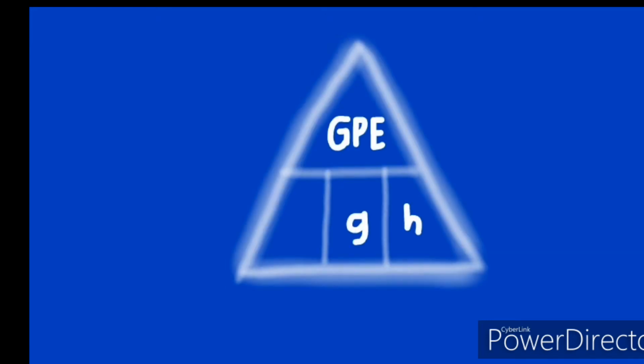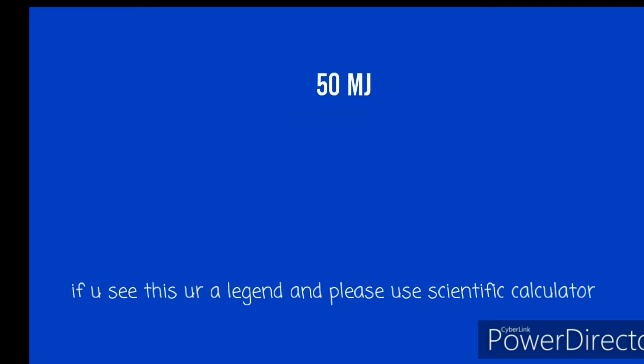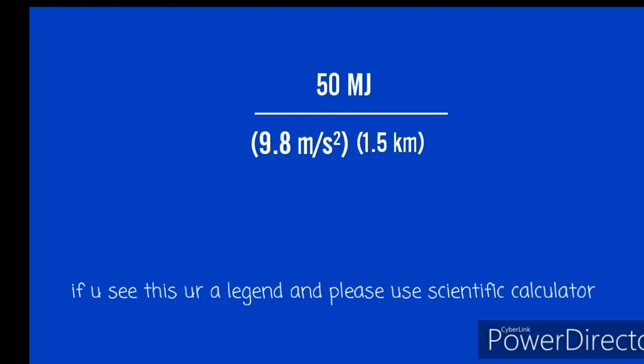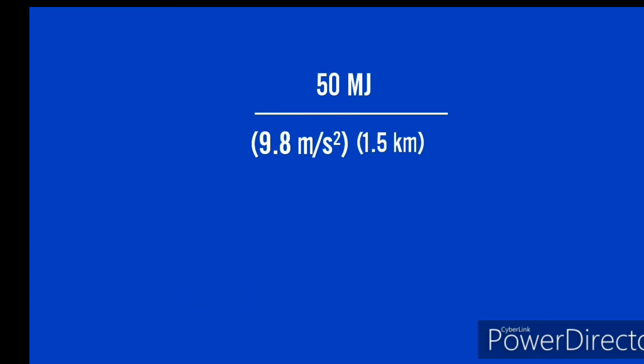Simply cover the letter M and you'll see GPE over G times H. So the amount of GPE is 50, so 50 divided by 9.8 and 1.5, if you multiply that, it will be 14.7, and it is equal to overall 3.40, and the unit is kilogram.